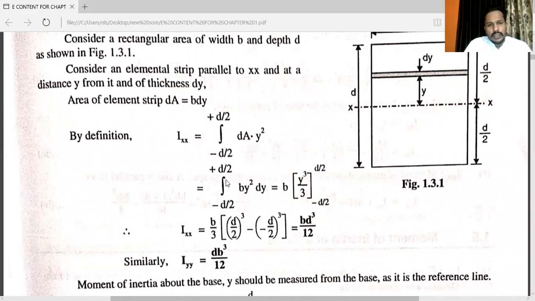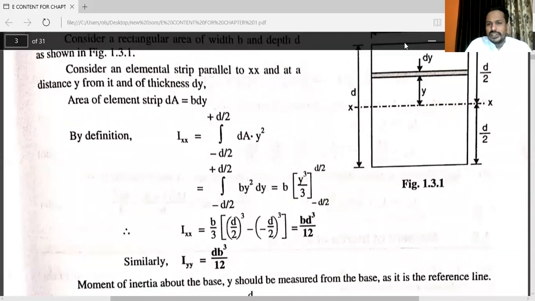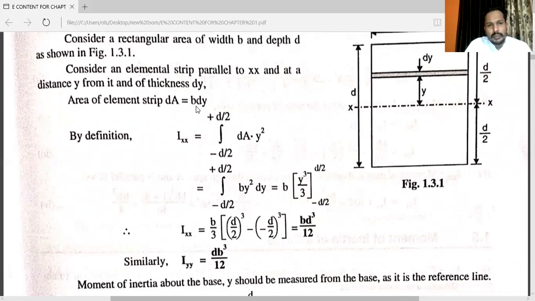Integration from minus d by 2 to plus d by 2, these are the limits, into b dy and this y square, so y square into dy.